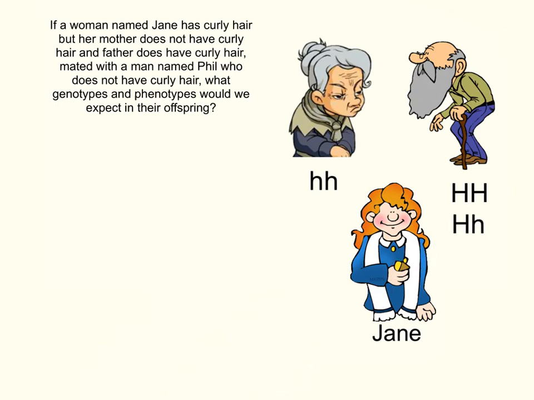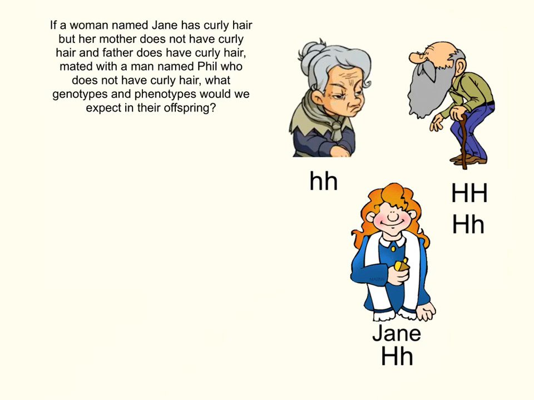So in this problem, it doesn't really matter what her father is. But we do know that Jane has curly hair, so she needs to have at least one big H, which will come from her father, and a little h, which we know will come from her mother, because that's the only thing that her mother can give. So this gives us Jane's genotype, which is heterozygous for curly hair, big H, little h.